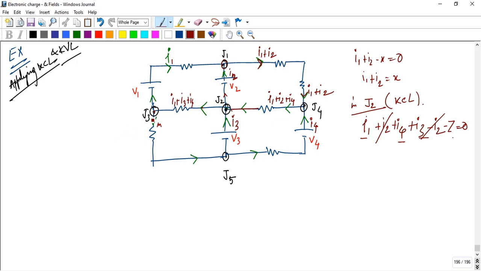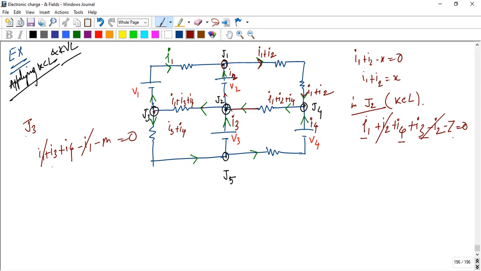So at J3, entering the junction is plus. So I1 plus I3 plus I4, and I1 leaves, minus I1, minus m obviously leaves, that is equal to 0. So I1 cancels. Okay, so m equal to I3 plus I4.